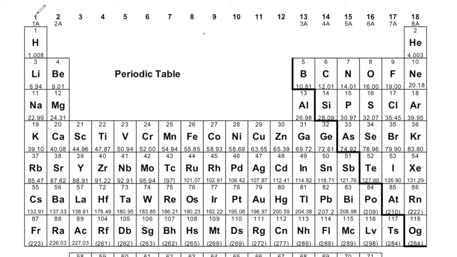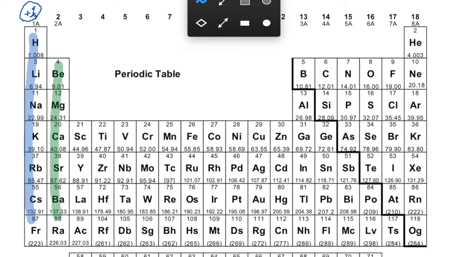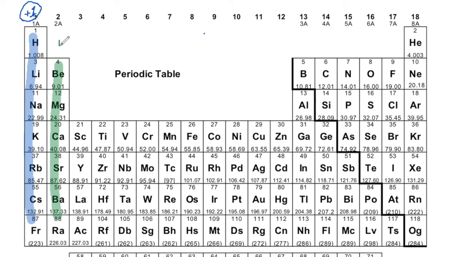So this first group over here, group 1, will form ions with a +1 charge. So when these are ions, they have a +1 charge. This group over here, the group 2, the alkaline earth metals, form a +2 charge when they form ions.